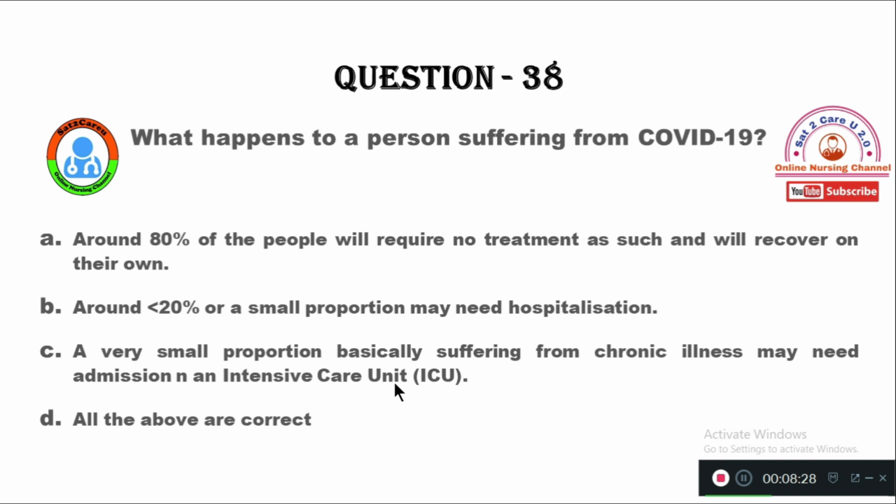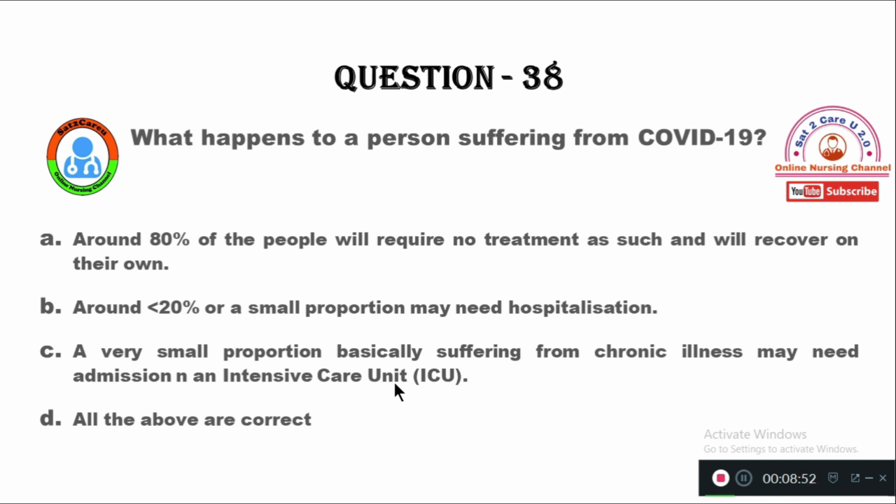Question number 38. What happens to a person suffering from COVID-19? Option A, around 80% of people will require no treatment as such and will recover on their own. Option B, around 20%, a small proportion, may need hospitalization.